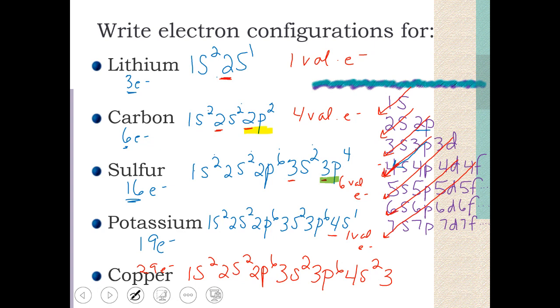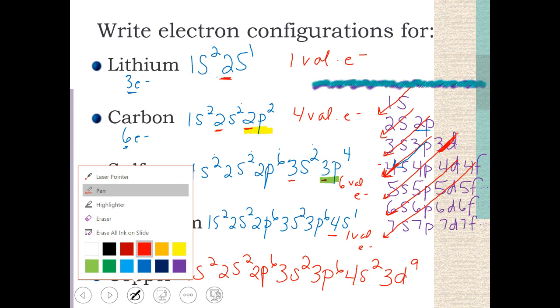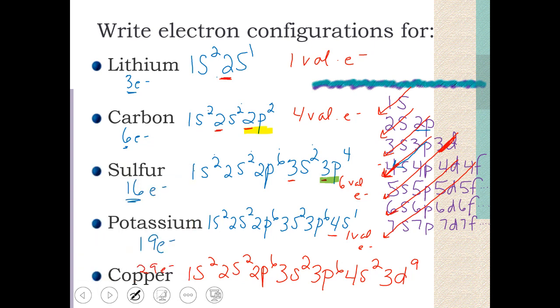After the 4s, we would go back here to the 3d. D can hold 10. We don't have to fill it though. We will end with 3d9. Now, if I do the valence electrons here, 4 is the outermost energy level, and there are 2 valence electrons. Do you see that the D is 1 behind the valence shell?